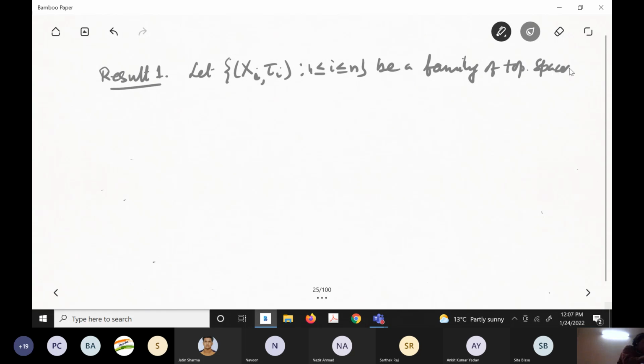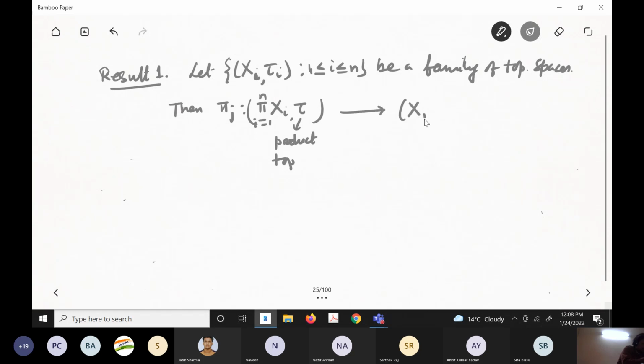Then pi_j, writing the product topology to this, is continuous.